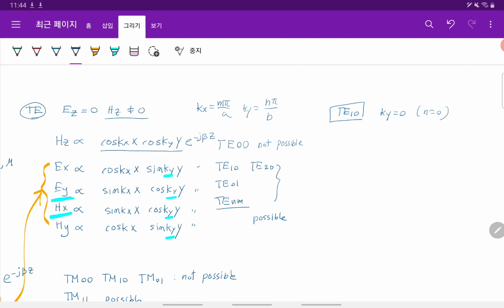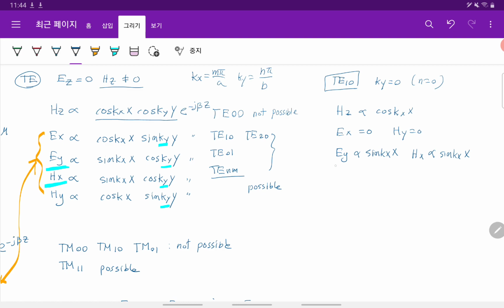So that Hz follows cosine kx x, Ex becomes 0, Hy also 0, Ey is not 0, Ey follows sine kx x, Hx follows sine kx x, right?